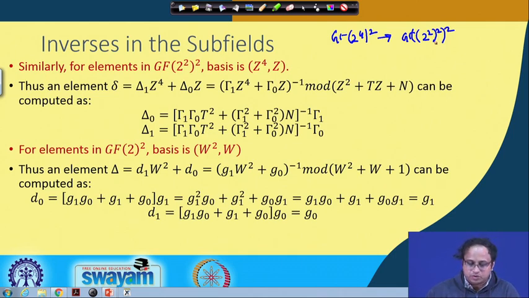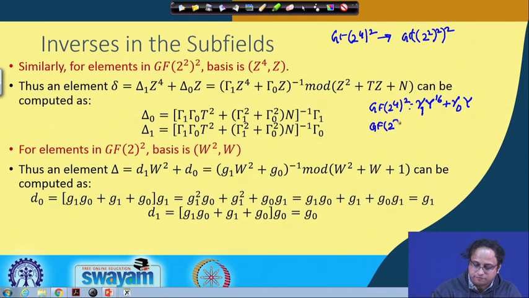If you see the representations, when I am trying to write an element in GF 2 power of 4 whole square, my element was in the form of gamma 1 y power of 16 plus gamma 0 y. Likewise, when I am expressing GF 2 power of 4 as GF 2 power of 2 whole power of 2, I am writing a gamma, which is an element in this field, as gamma 1 z to the power of 4 plus gamma 0 z.